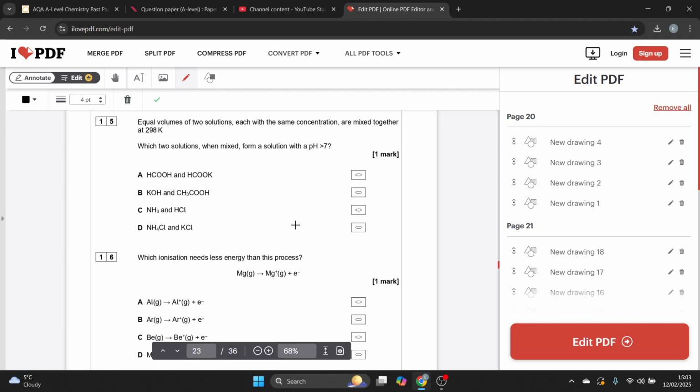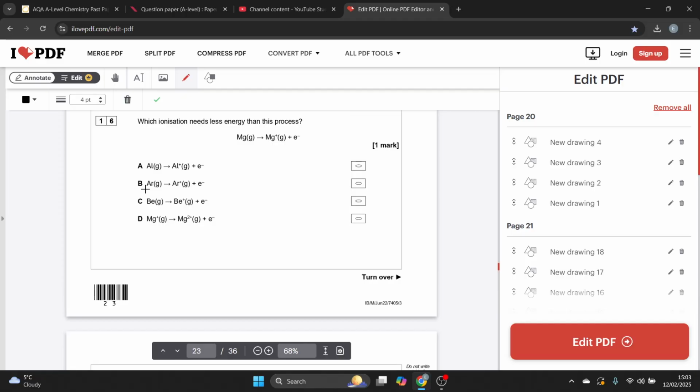I've got ammonia, HCl, and that and that. It's definitely not going to be these two, HCl and KCl, very weak. I want to form a pH greater than 7. So I want a really strong base, potassium hydroxide, and ethanoic acid. So yeah, it's going to be B, potassium hydroxide and ethanoic acid.